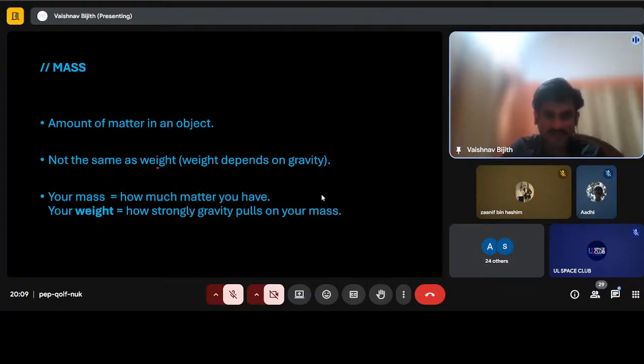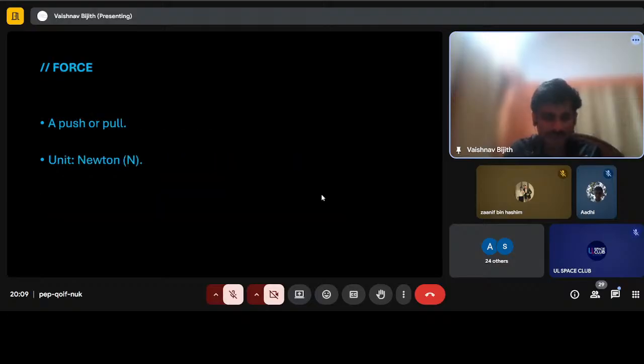But actually, weight differs, right? It depends on gravity. Your mass is actually how much matter you have. It's how many kilograms you have, and weight is how strongly the gravity pulls on your mass, right? So weight is like a force. It is how much force the gravity exerts on you, and mass is purely how much matter constitutes an object.